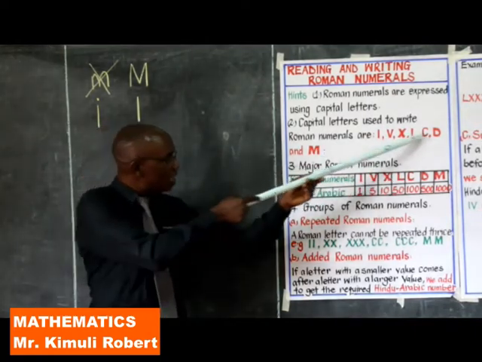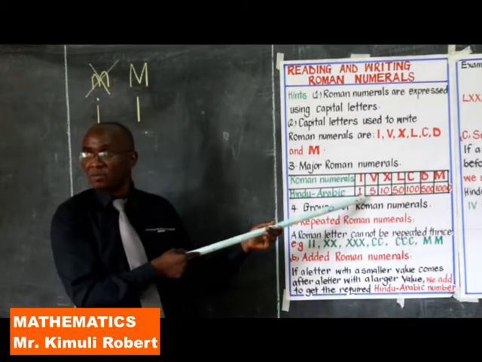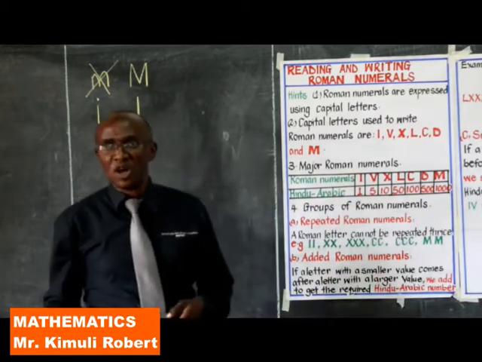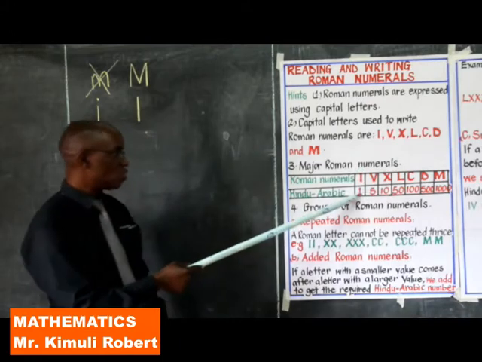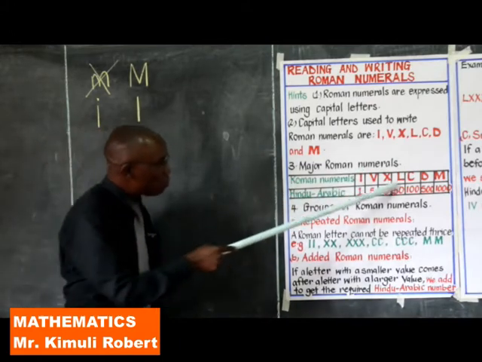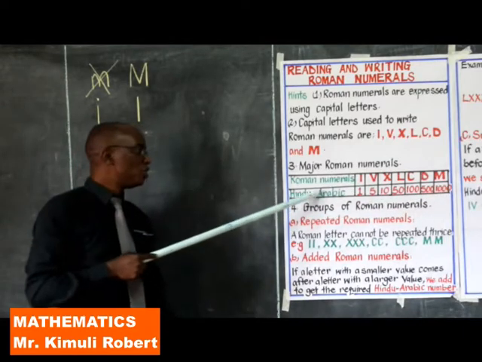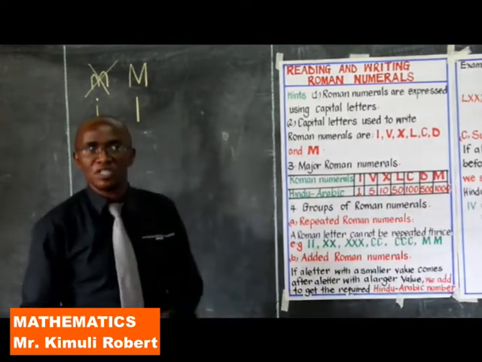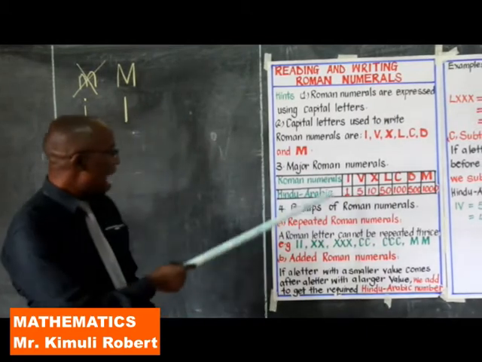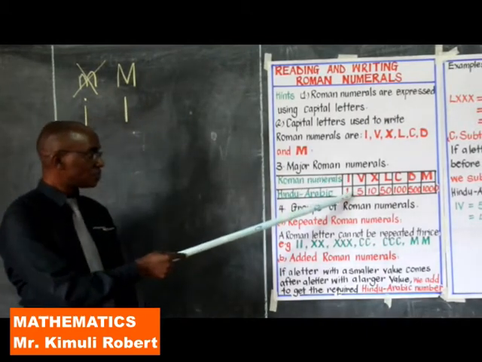Here I give you what they represent in Hindu-Arabic. Remember, these are Roman numerals, and Hindu-Arabic numerals are the common numerals we use in Uganda. I is 1.